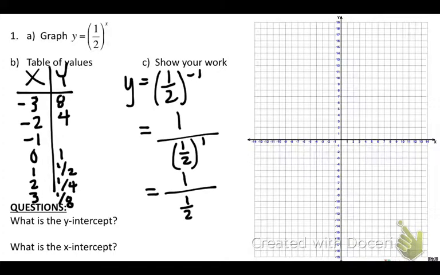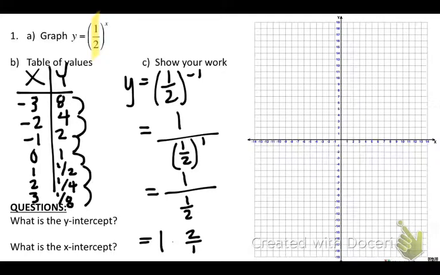And dividing by a fraction is like multiplying by the reciprocal. So that basically says 1 times 2, which is 2. You'll notice because the base is 1/2 in the original equation, every time you take a half of the one before. Okay, so that's what the base means.